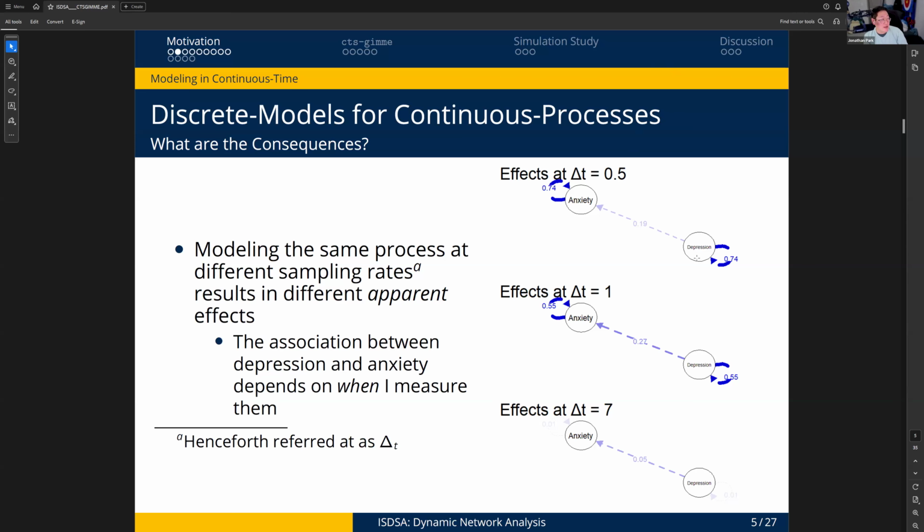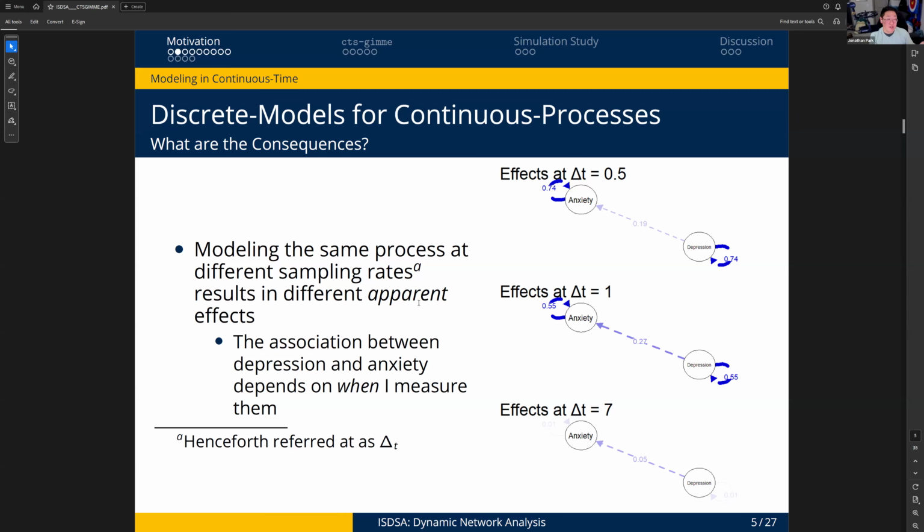If I subsample my continuous process every 12 hours, every day, or every week, I will see that at the 12-hour lag, my depression and my anxiety have strong autoregressions. So there's a lot of continuity in these variables, and a relatively weak effect between depression and anxiety. How depressed I am right now does predict my anxiety 12 hours from now, but that effect is relatively weak, and most of the effects are in the autoregressive dynamics.